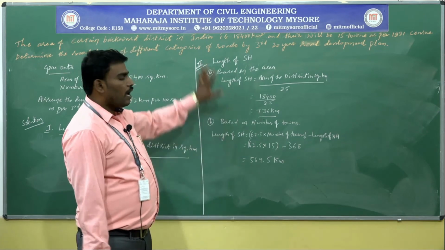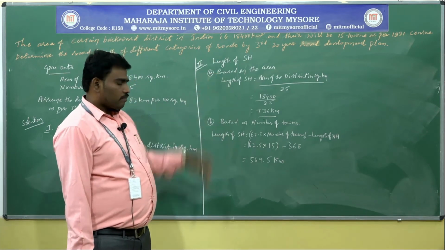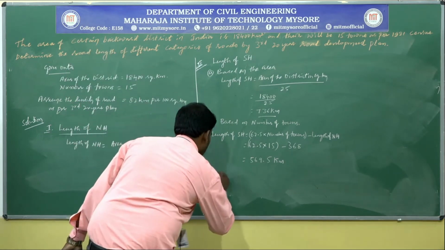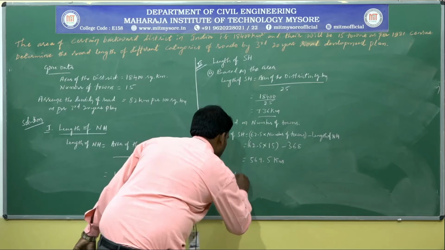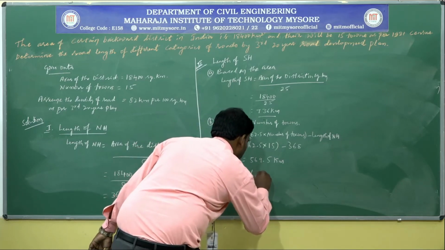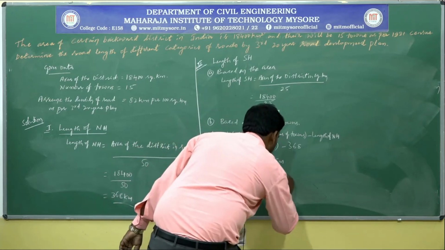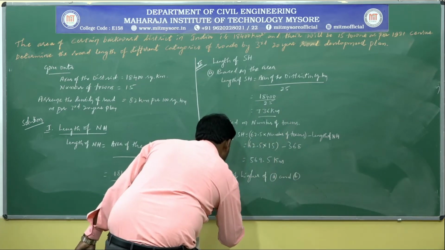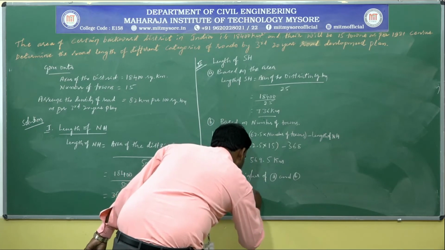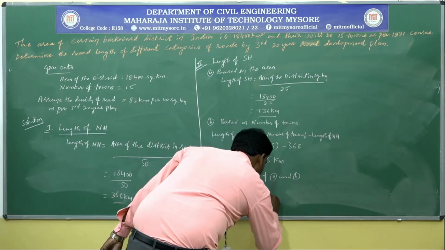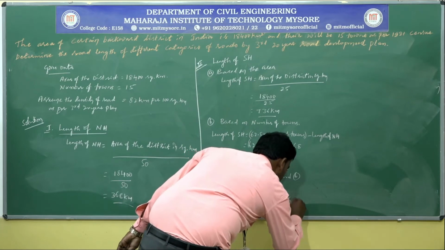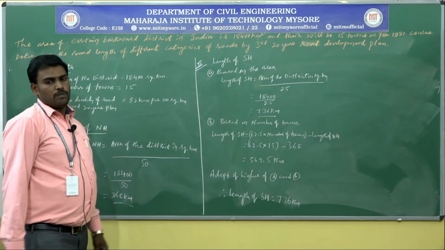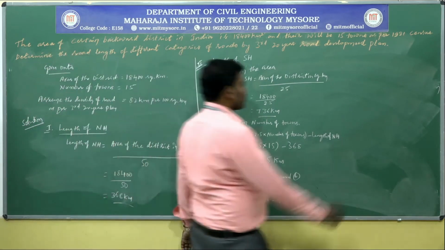We have to adopt the higher of A and B. Therefore the higher is A, so the length of state highway SH is equal to 736 kilometer. Is it clear?